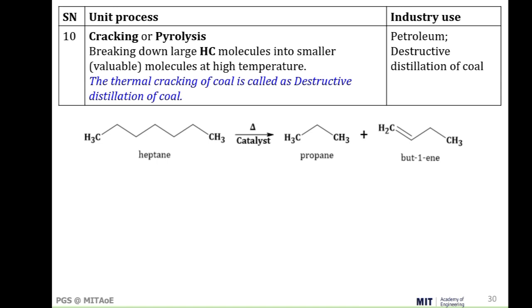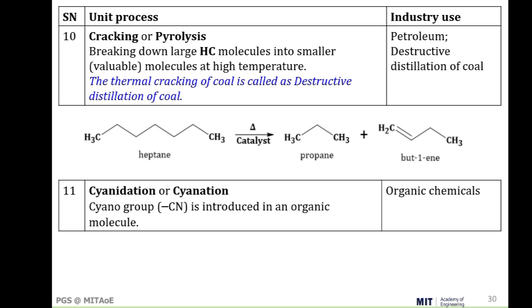This is just an example, but this process is carried out in petroleum industries for different purposes, or to convert even larger molecules containing more than 20 carbons in the chain. These are getting cracked to form smaller molecules of diesel or petrol grade.